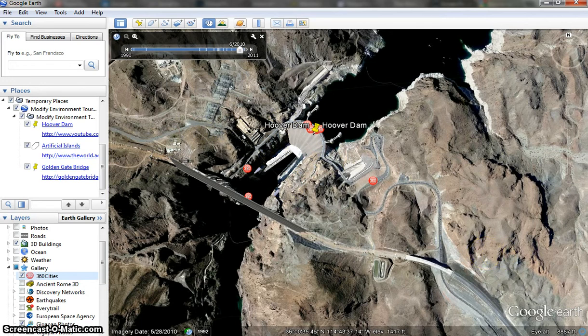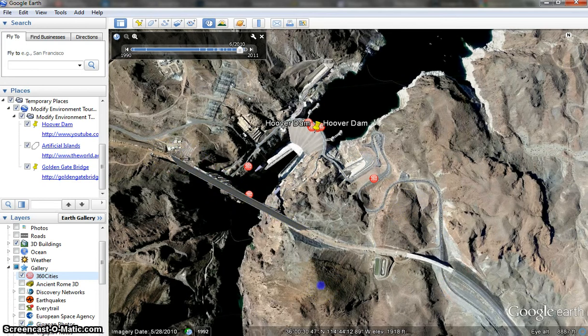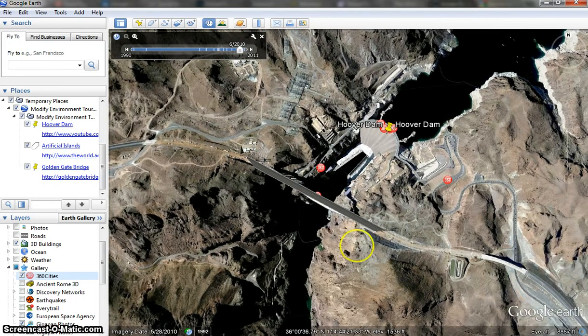It usually took about 45 minutes, even though this stretch of road really isn't even that long, but there's so much tourist activity in the area that it took a long time to get over the dam. But they recently built this bridge, and now it takes maybe about 5 minutes to get across this canyon to Nevada.